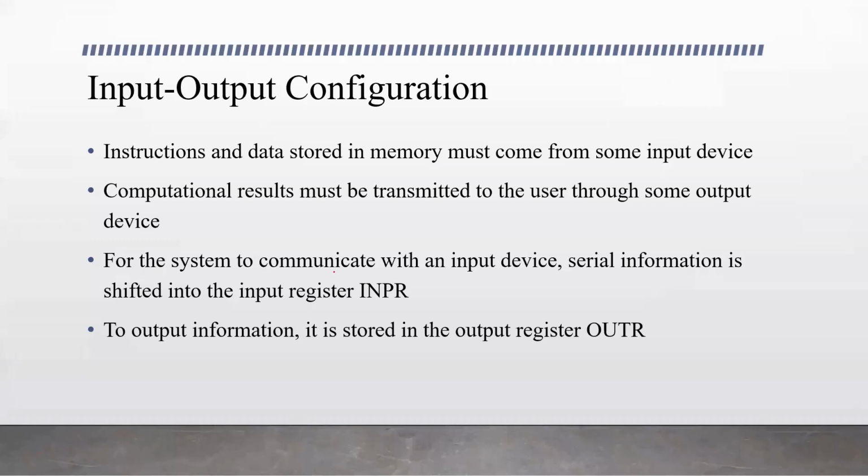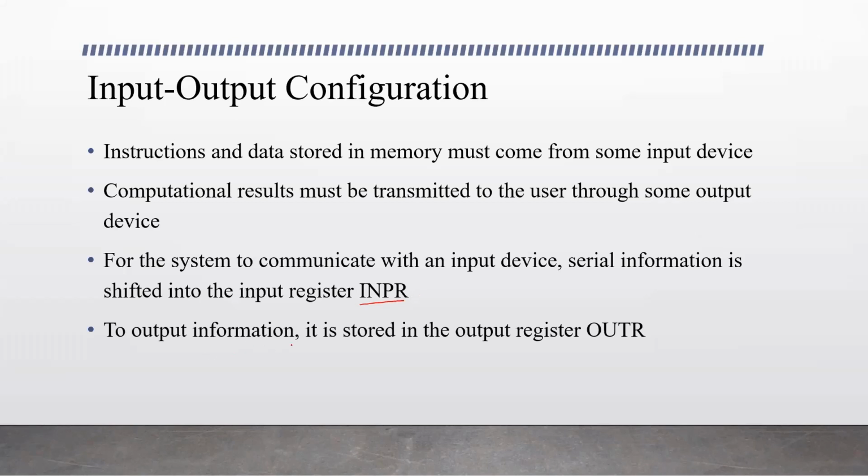For the system to communicate with an input device, the serial information is shifted into the register INPR. INPR is the register called input register. The serial information taken from the input device is stored in it, and shifted to this register before being accepted by the processor for processing.